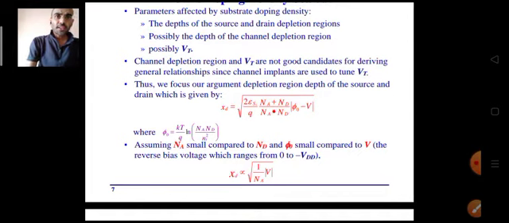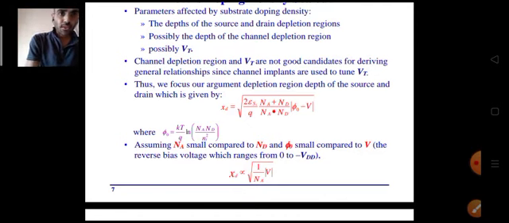In the last class we have seen that our junction thickness, or the junction depth, is dependent upon this formula: it is the square root of 2 epsilon Si upon Q, times (Na plus Nd) upon Na Nd, times the modulus of phi 0, the built-in potential, minus the applied potential.